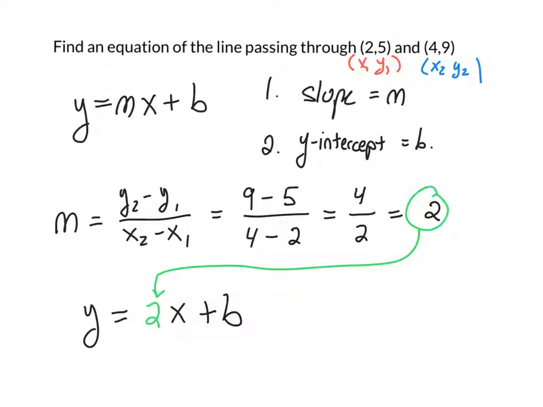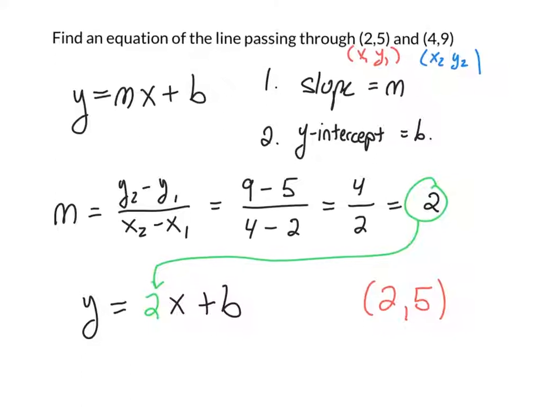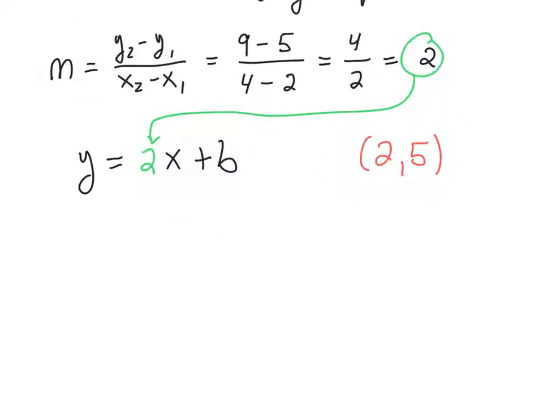So I'm going to take 2, 5, and we have that above in red. I'm going to plug it in for my x's and my y's. Let's give ourselves some more space here. Let's plug in 2, 5. So 2 goes in for x, that's our input, and 5 goes in for y, that's our output.